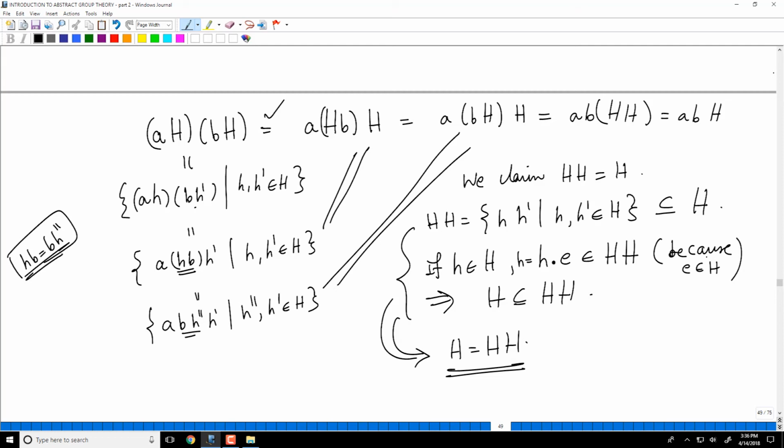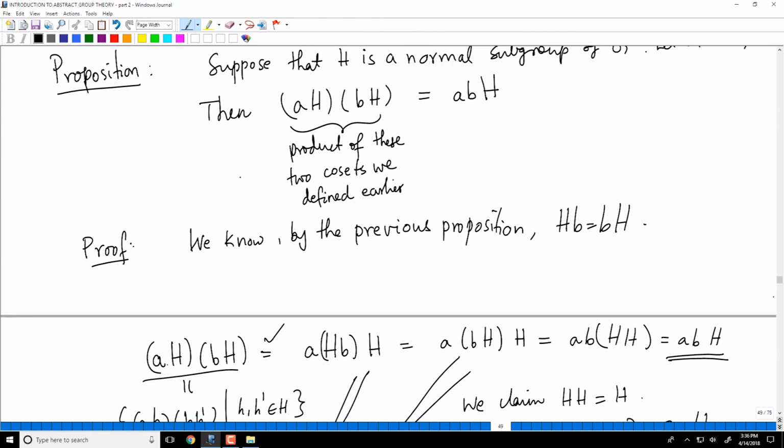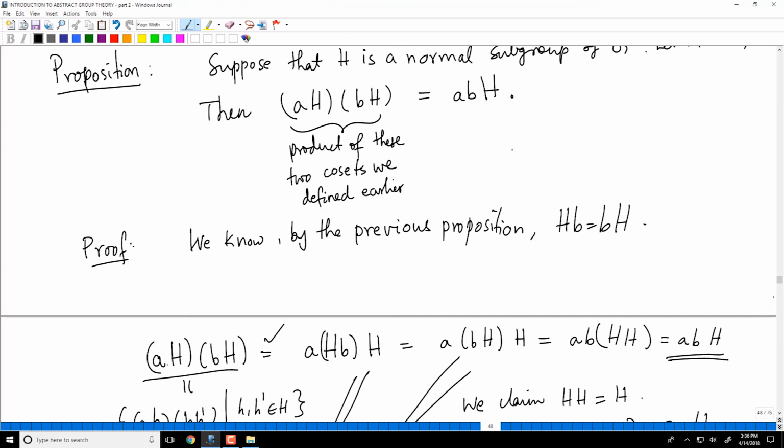So see, now we are done, right? Because aHbH is a(Hb)H, which is abHH, which is abH. So aHbH is equal to abH, which is what we claimed. So this is the theorem.